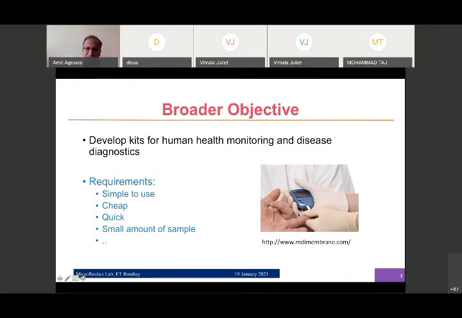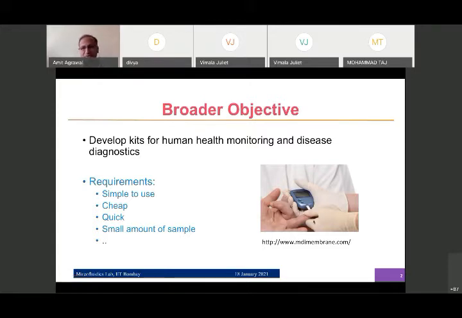That has made our life convenient, in the sense that the result of pregnancy or blood sugar is so much more easily obtained as compared to maybe a decade back. So the objective is to make more such devices which can monitor human health functioning and help figure out if there is any disease.